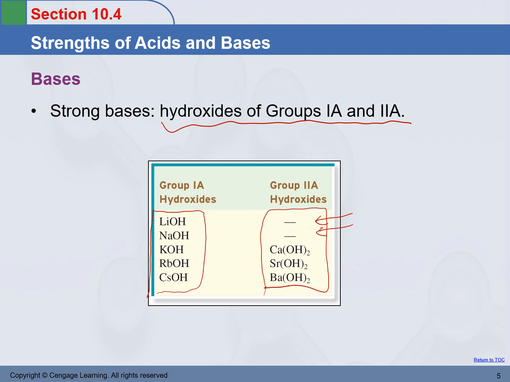That's because those hydroxides are not water soluble. They cannot dissolve in water. Out of all of these strong bases, the most common ones that everyday people will encounter are these 2: sodium hydroxide and potassium hydroxide. Those are the 2 most common strong bases. Almost all other common bases are weak.